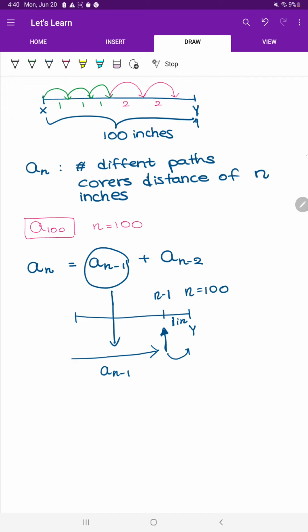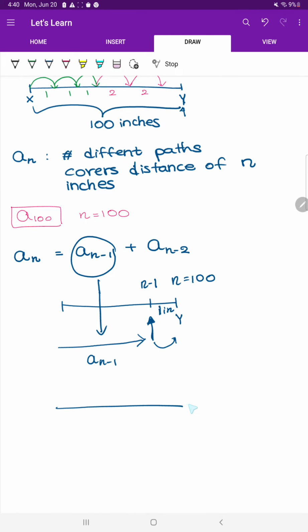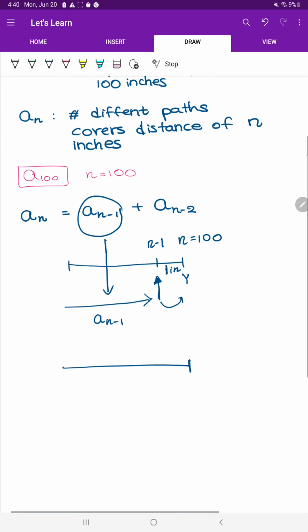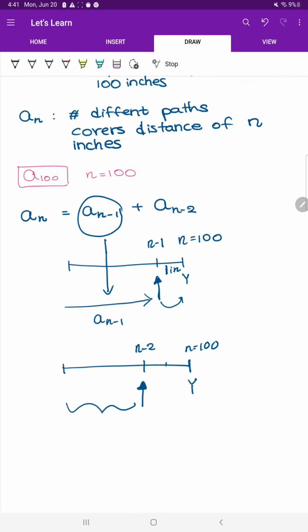On the other hand, if we consider the last step from 2 inches back, here would be n minus 2. How many possible ways do we have? That is where we put a_(n-2).